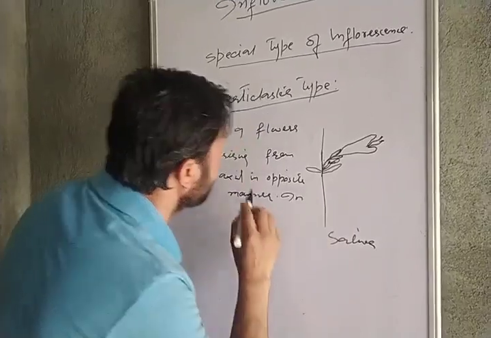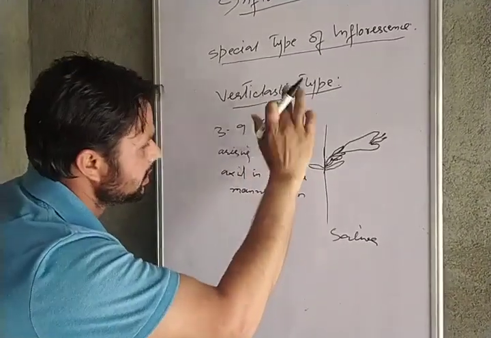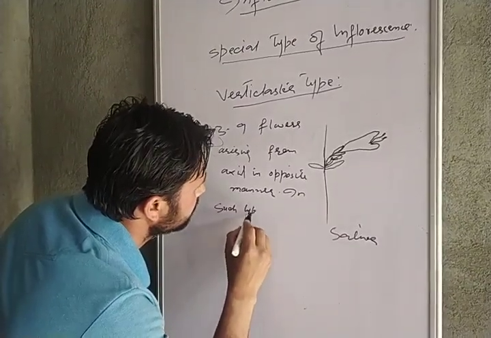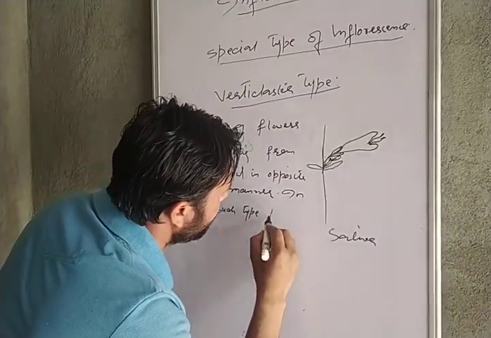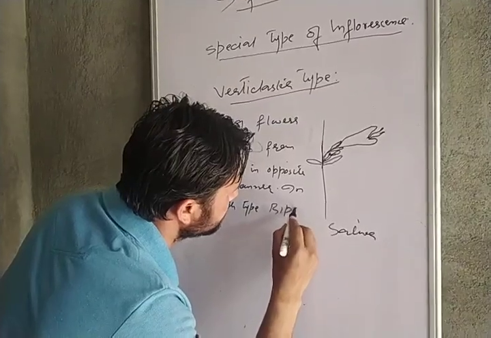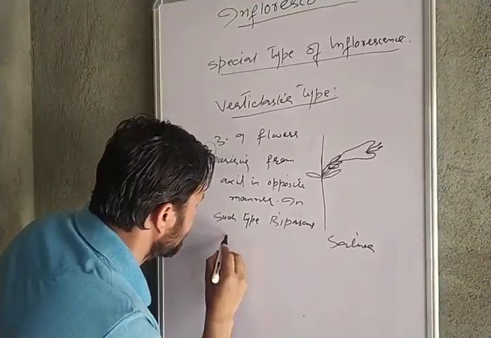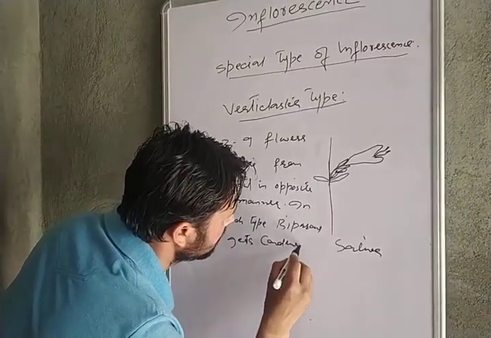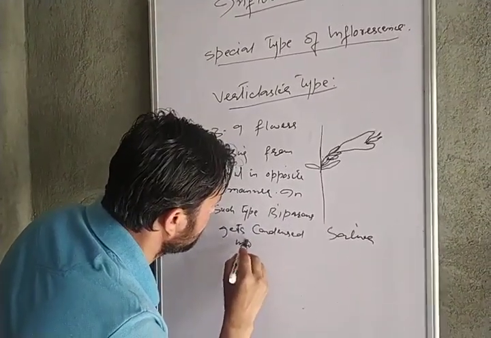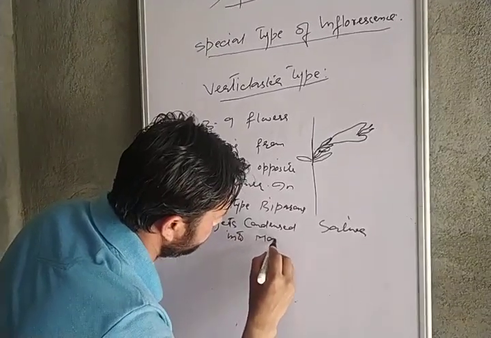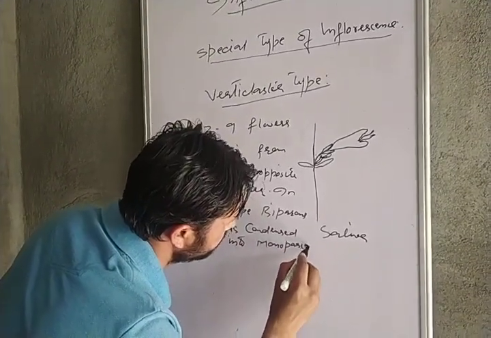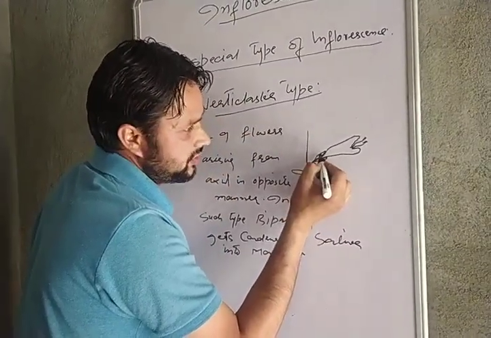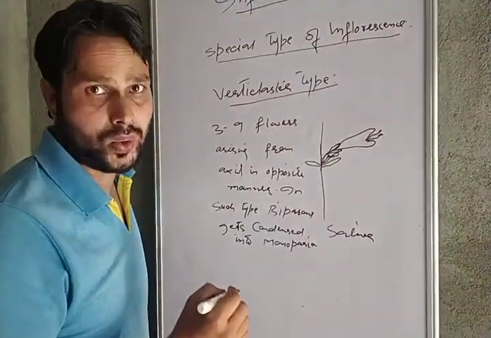In this type of inflorescence, the biparous cyme gets condensed into monoparous and has bracket-like structures, which is known as involucre.